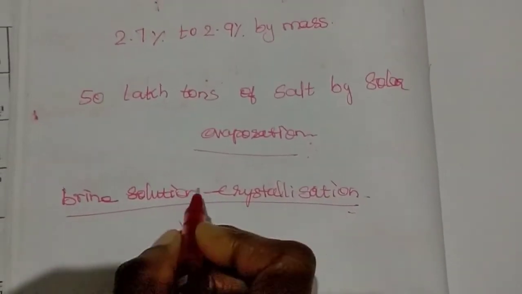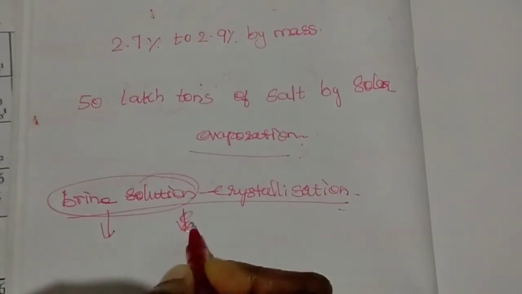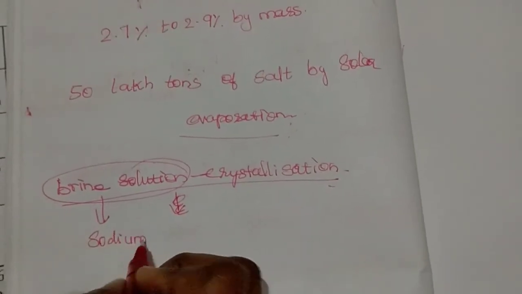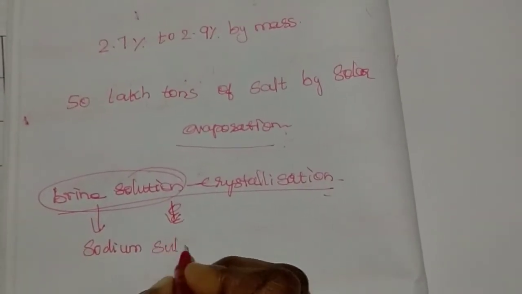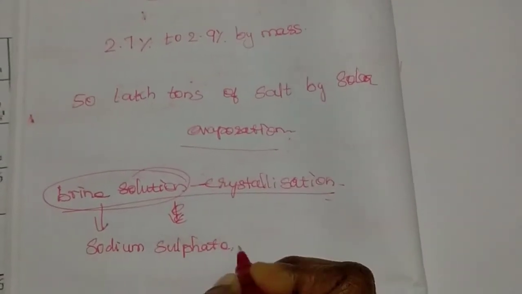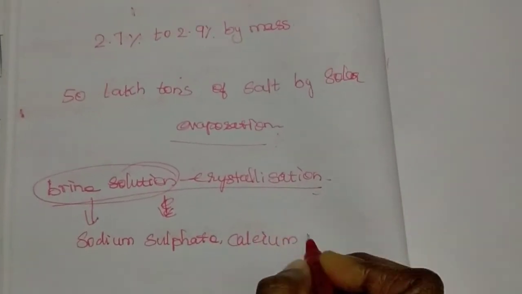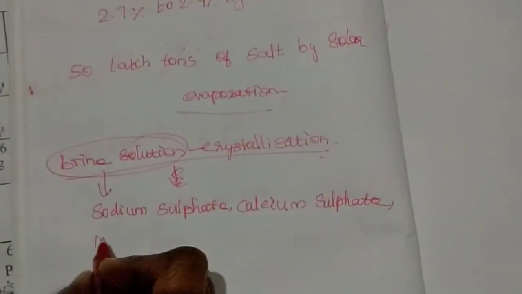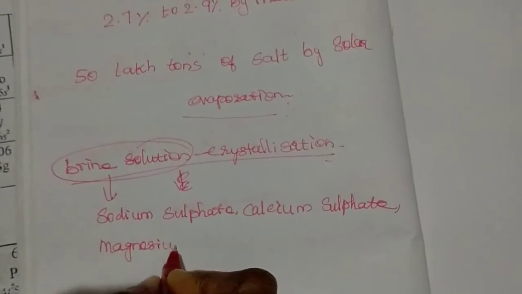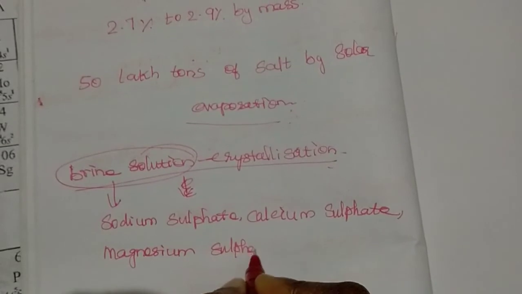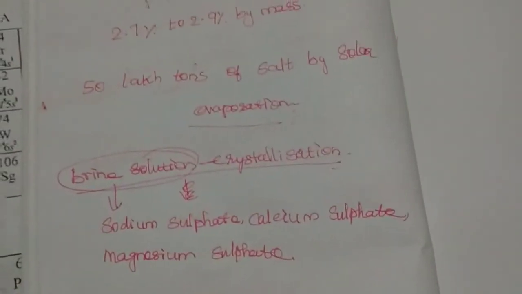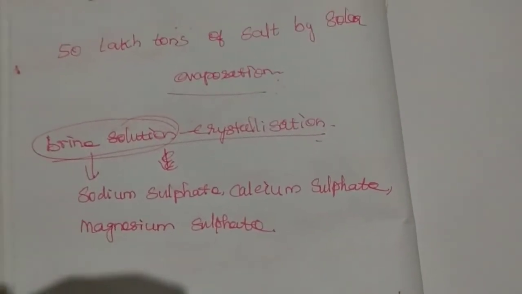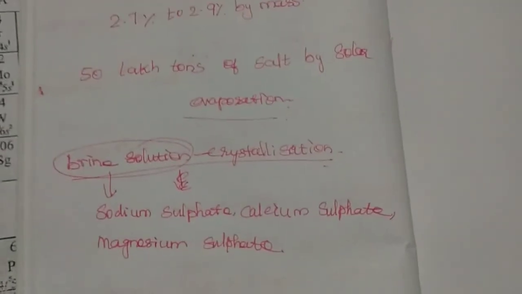The brine solution means a combination of sodium sulfate, calcium sulfate, and magnesium sulfate combined together, and that solution is generally known as brine solution.